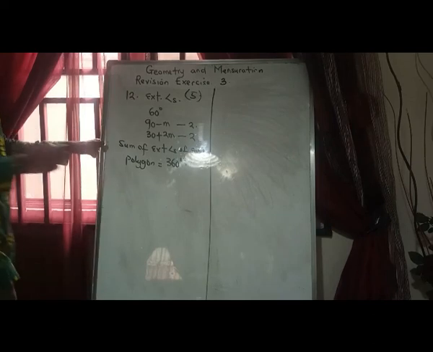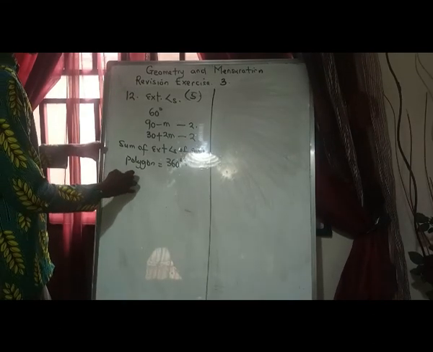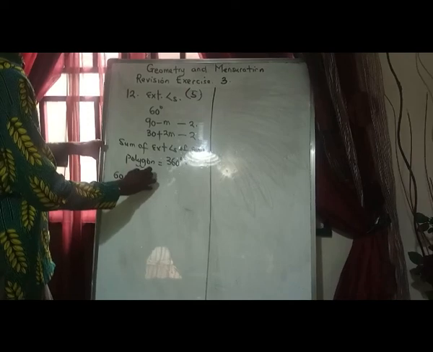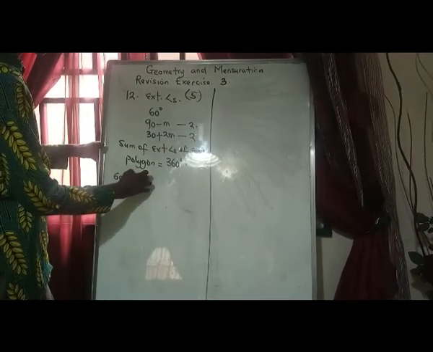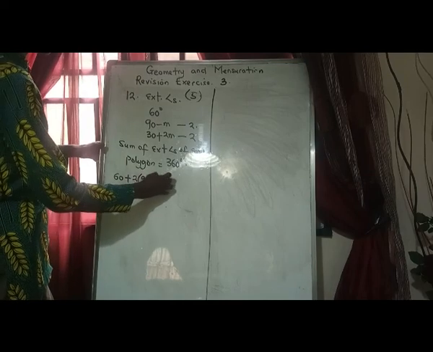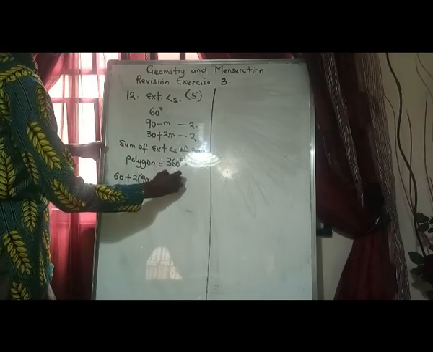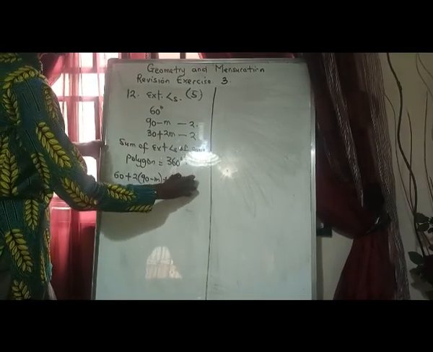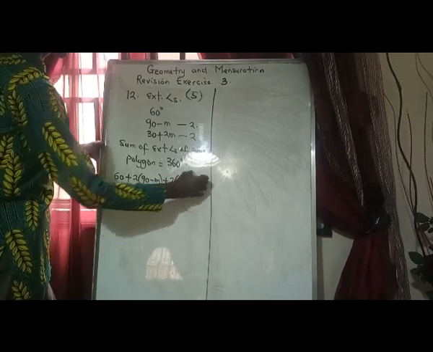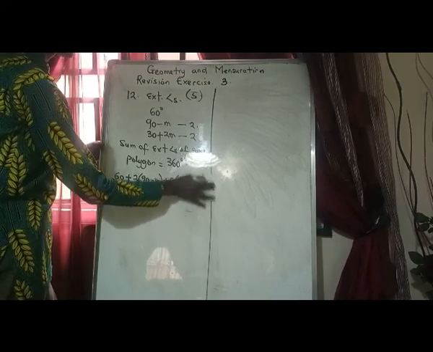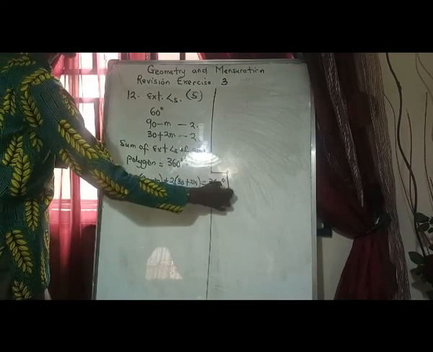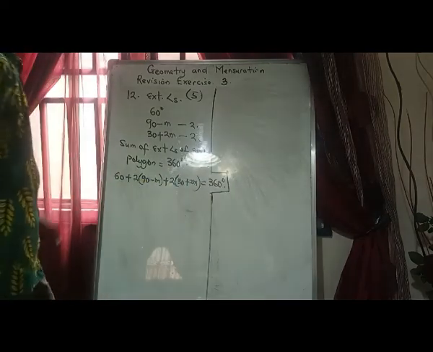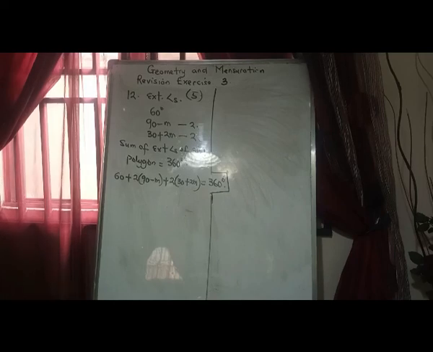So what does that tell us? It means that 60 plus 90 minus m, two of them, plus two of these also, will be equal to 360 degrees. Right, so that takes care of that.